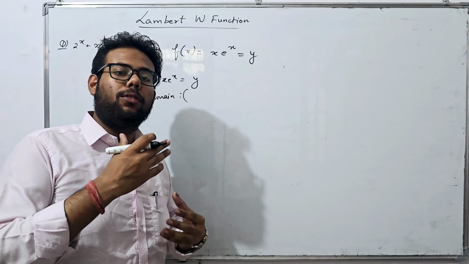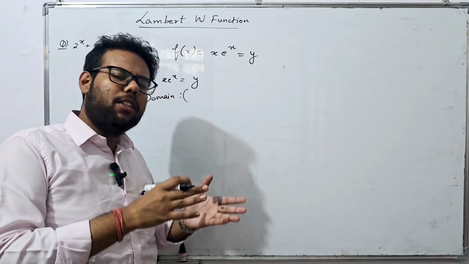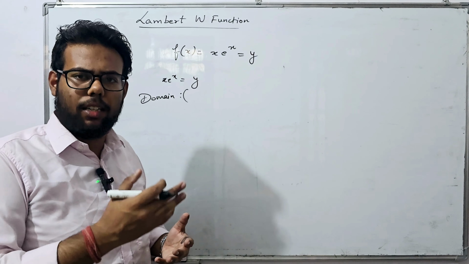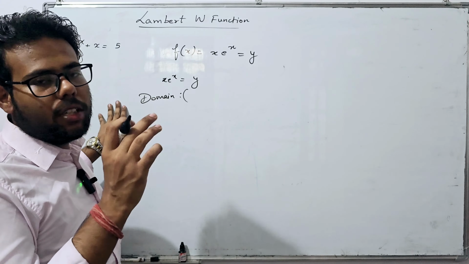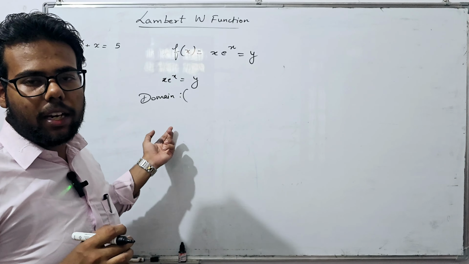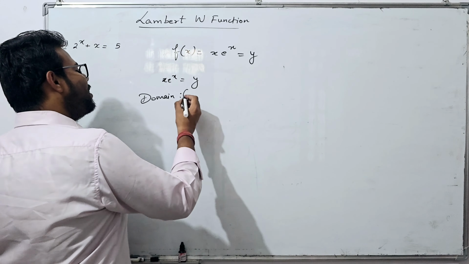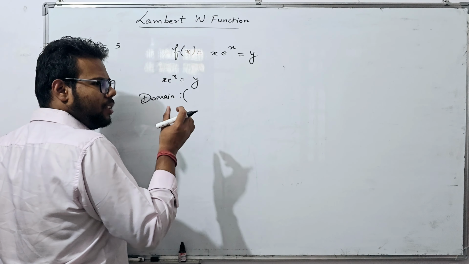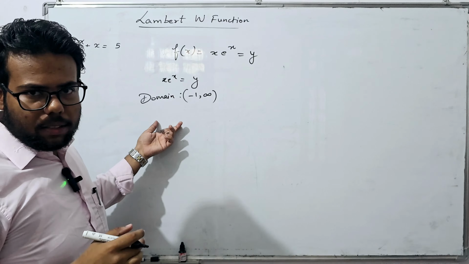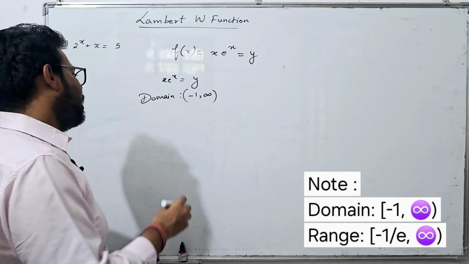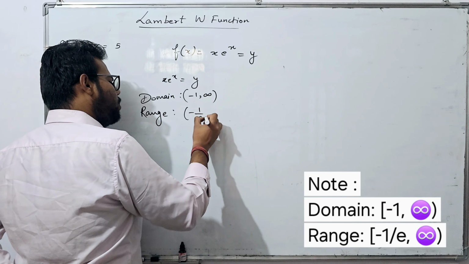Because for the case of an inverse function, we need that function to be bijective. So to make this function bijective, you have to choose a domain such that it is one-one and onto. It was calculated that in the domain -1 to infinity it was one-one, and the range was, you can calculate it, -1/e to infinity.